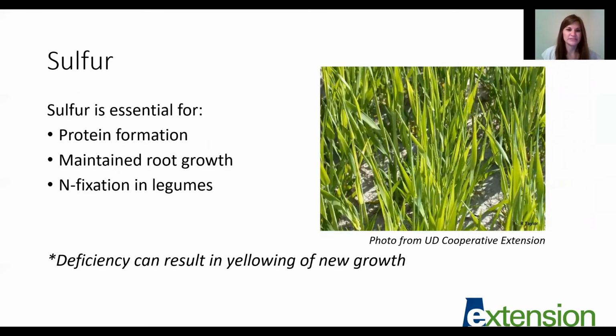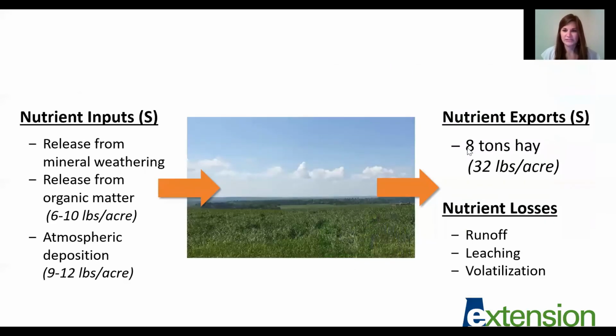I'll just briefly mention sulfur. Sulfur is essential for protein formation, for maintained root growth, and nitrogen fixation. And deficiency can result in yellowing, as shown in this picture here. Typically, sulfur is not going to be a problem in our pasture soils. We get a certain amount of sulfur released by atmospheric deposition each year.